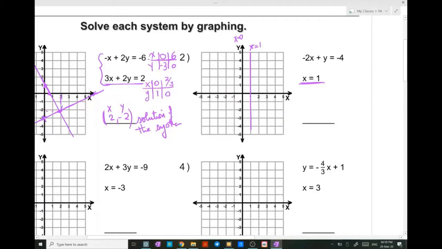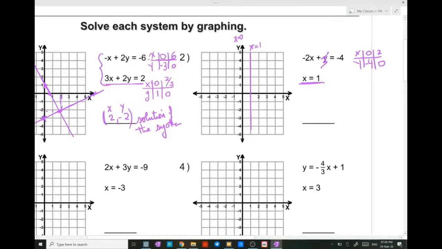And in order to draw this line, we need to use the table of intercepts. So when x is 0, y is minus 4, and when y is 0, x is 2, because minus 2x equals minus 4.